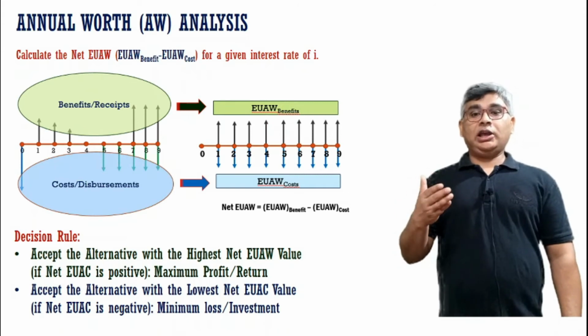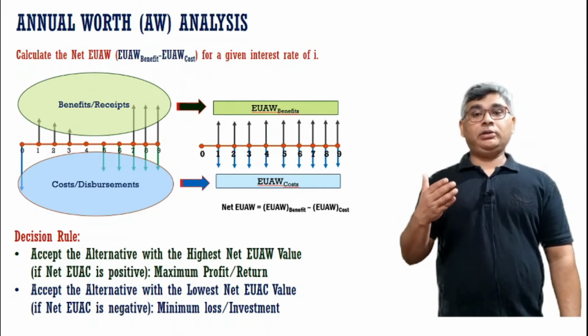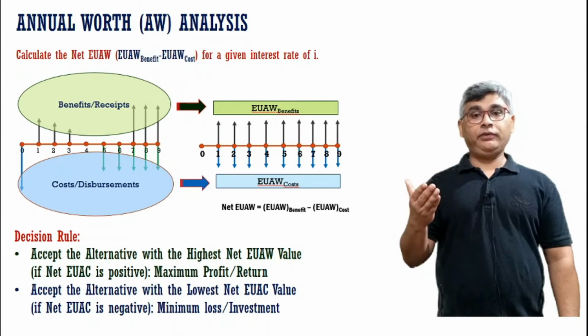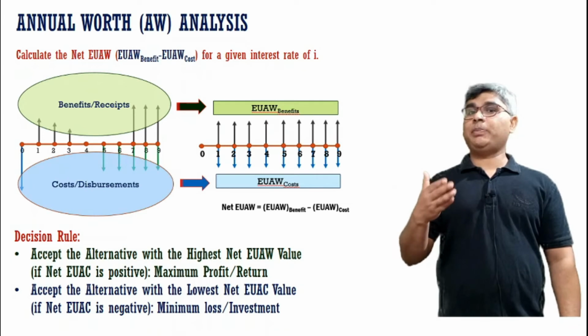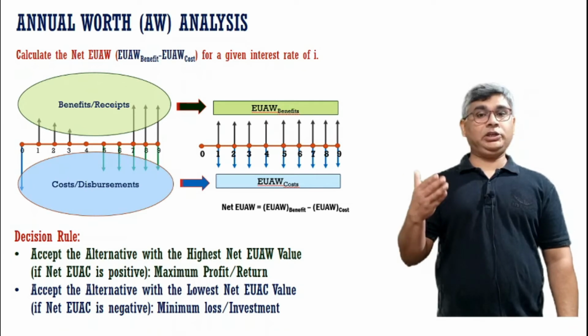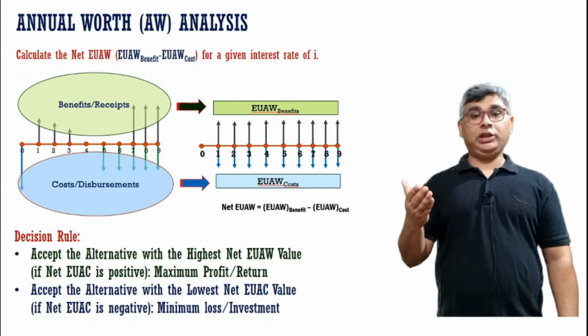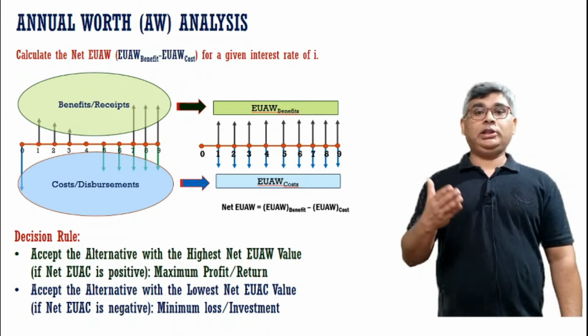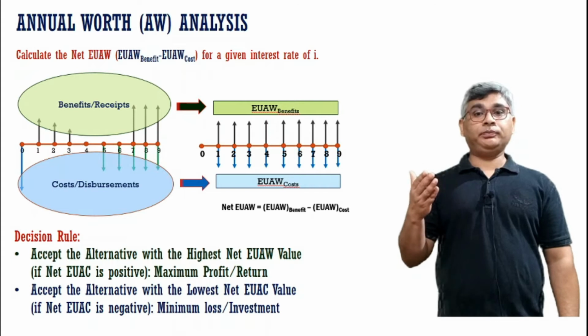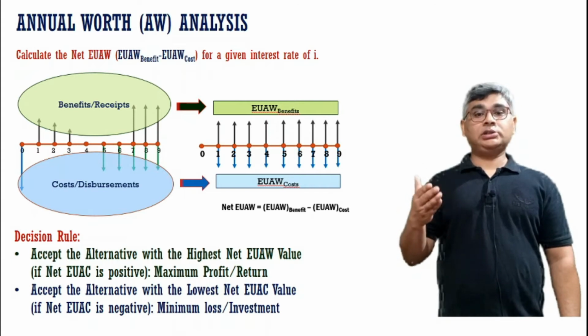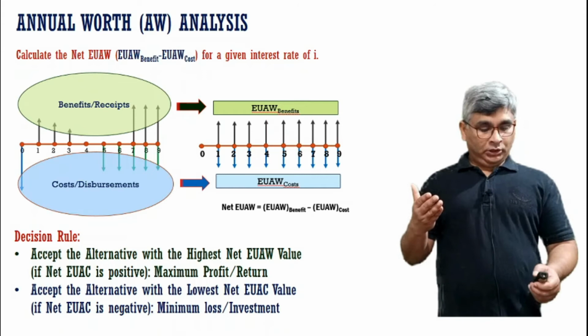So the criterion is, if we take the difference and it is positive, then the maximum positive value is the selected one, because that is the maximum amount of profit being generated from a business. And if this comes out to be negative, that is the cash outflow, then the minimum of the outflow is taken to be the selected criterion.